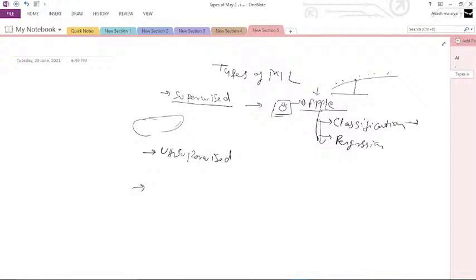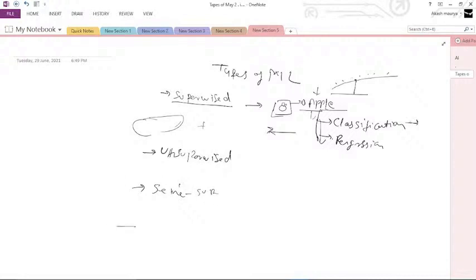I could put it into supervised itself, but some of the data has labels and some of the data has no labels. So we can put that in a combination of both, which we call semi-supervised. We have labels for some of the data, and we don't have labels for some of the data.